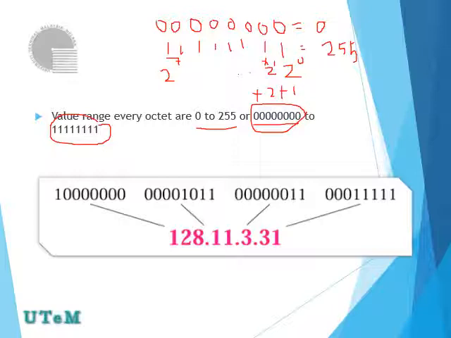Okay, here is 2 to the power of 2, 4 times 1 is 4. Plus 2 to the power of 3, 8 times 1 is 8. Plus 16, plus 32, plus 64, and lastly plus 2 to the power of 7, 128.